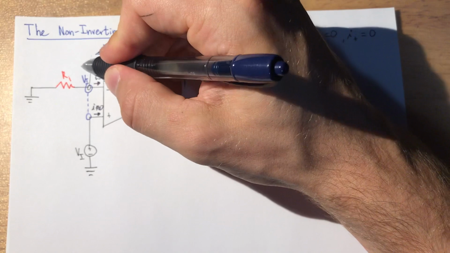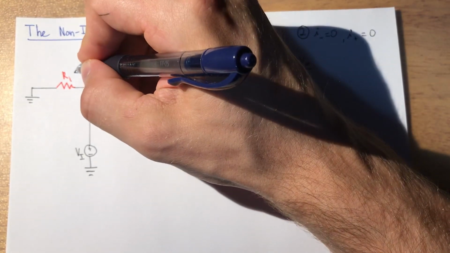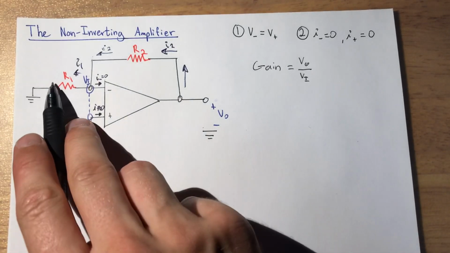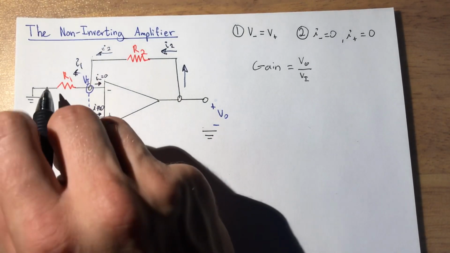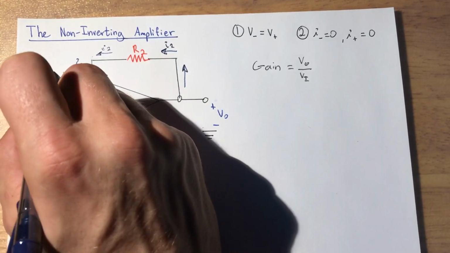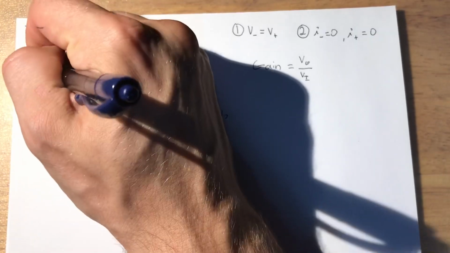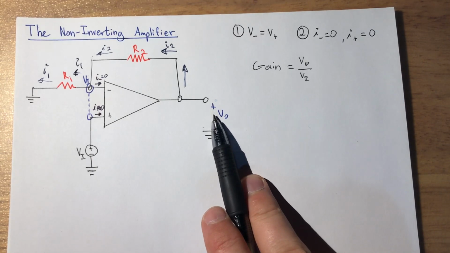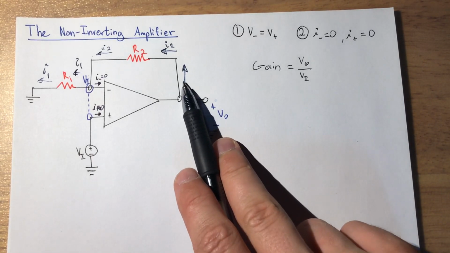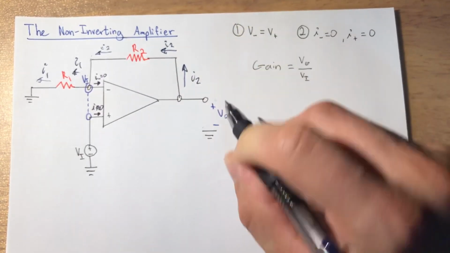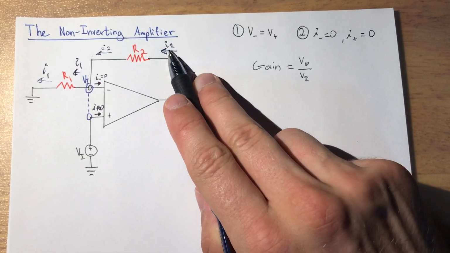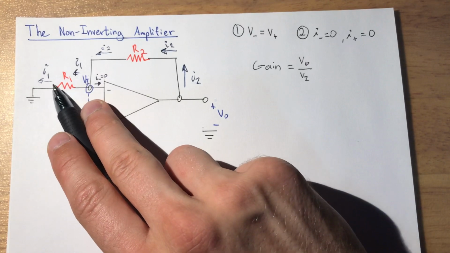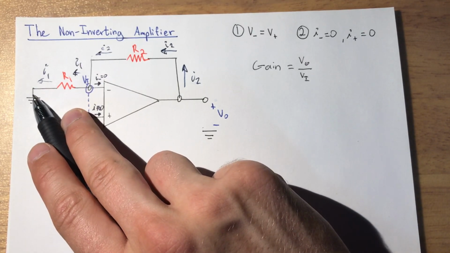So the current is going to continue to flow this way, but we'll call it I1 now, and it's going to flow through this resistor to ground. I1. Okay, so once again, the current goes up here. This is still I2. Goes here through this resistor down here. Because current here is 0, it goes through this resistor and it grounds, right?